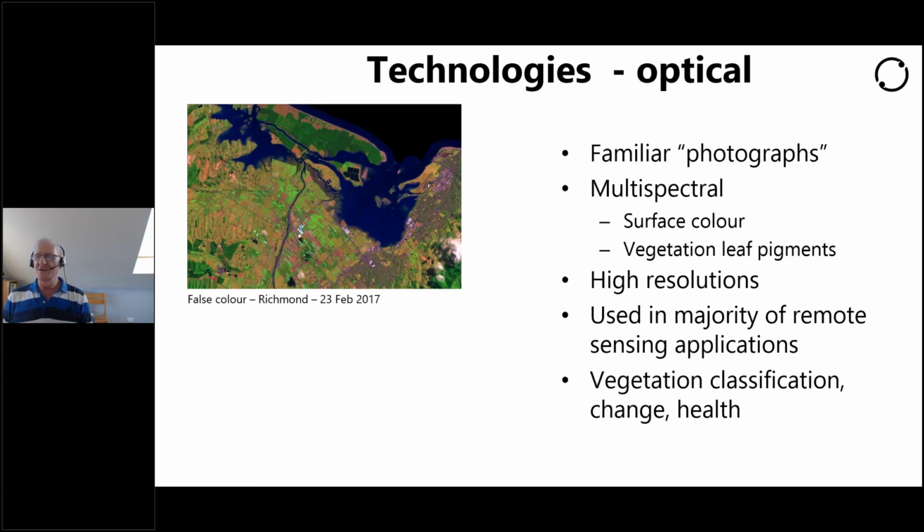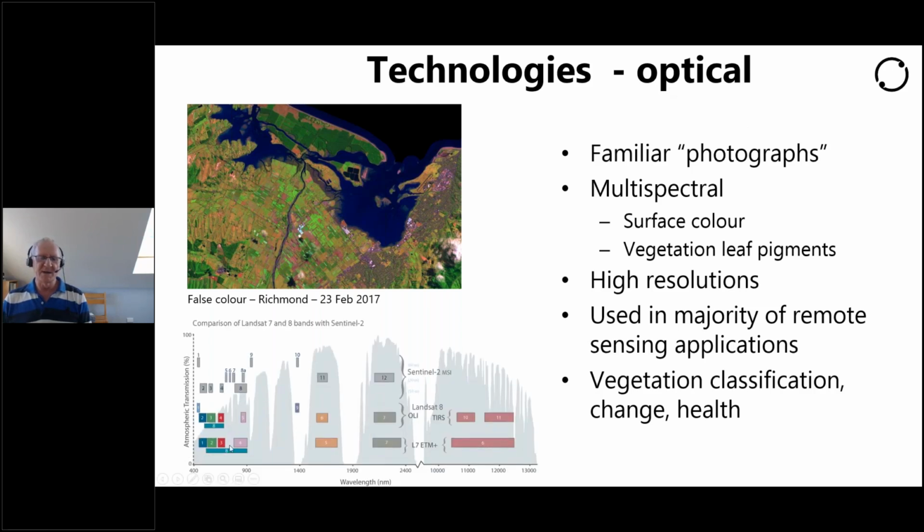the optical technologies. This is your basic camera, which your cameras will be operating in the blue, green, red parts of the visible spectrum. But when we're talking about remote sensing, we're usually talking about not just the visible spectrum, but going out into the near infrared and even the mid and far infrared parts of the spectrum.